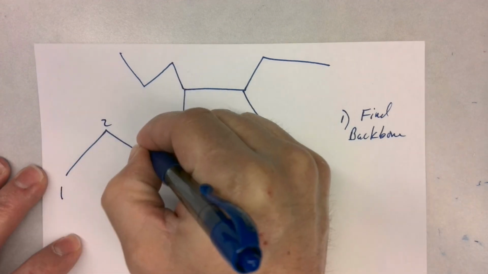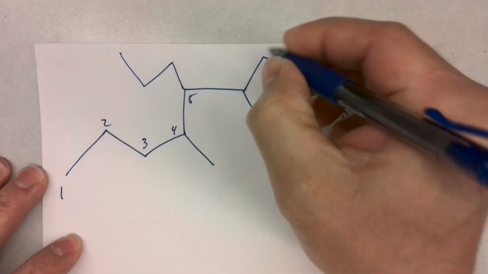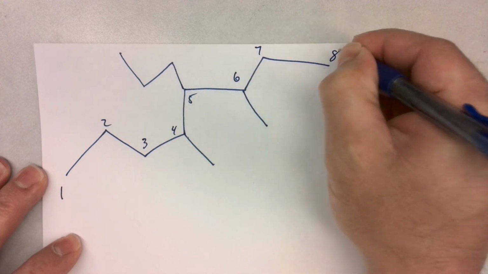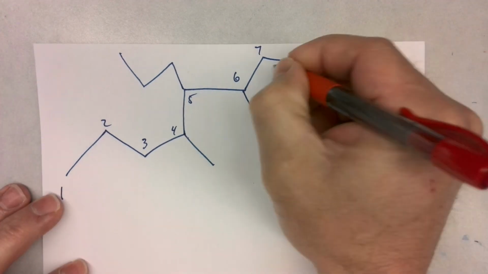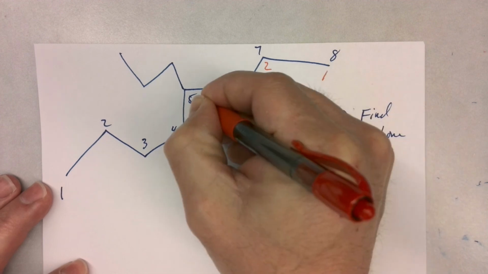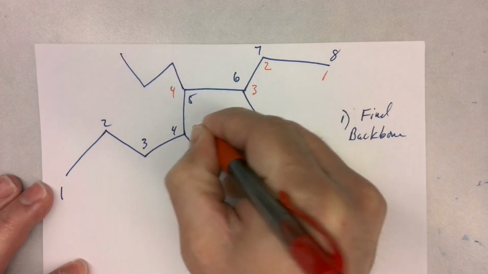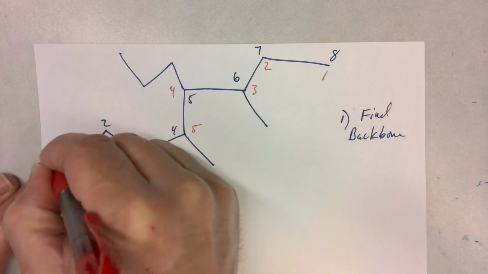1, 2, 3, 4, 5, 6, 7, 8. Right? Or, how else could I have numbered that? The other way. And I would have gone 1, 2, 3, 4, 5, 6, 7, 8.